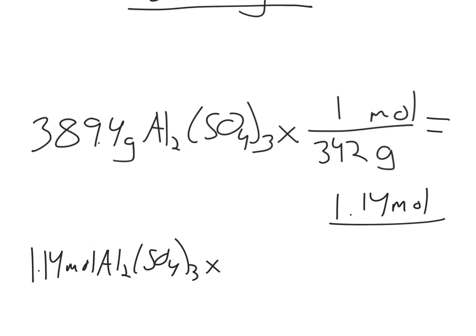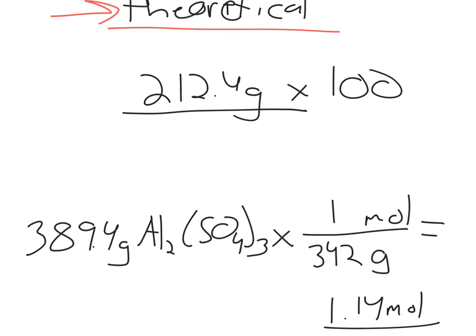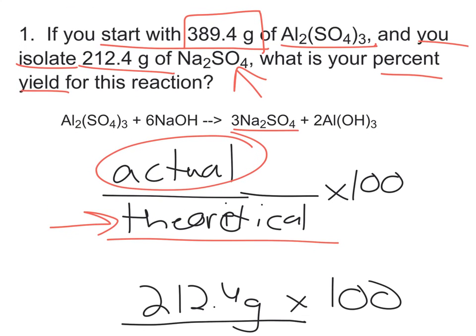Okay, next part of the conversion. Just like all stoichiometry, if I start with moles, I have to get rid of them. Moles aluminum sulfate. And on top, I'm trying to get moles of sodium sulfate. Actually, I'm trying to get grams of sodium sulfate, but I have to go through moles first. So moles of sodium sulfate. And I looked that up in my balanced chemical reaction. Well, aluminum sulfate is here, sodium sulfate is here.